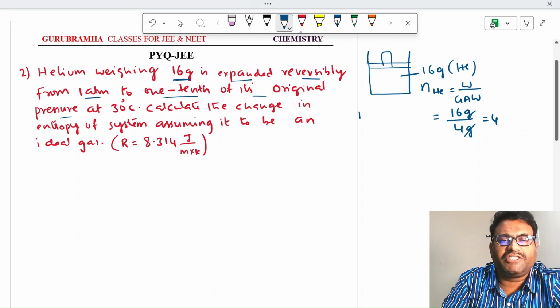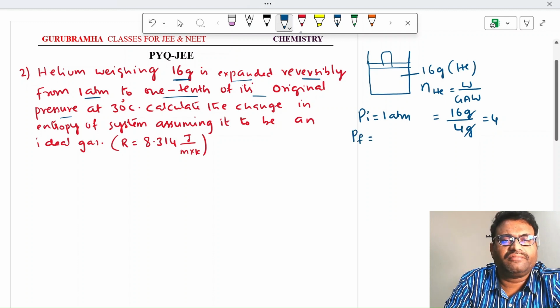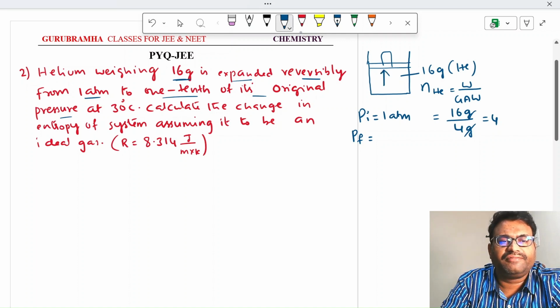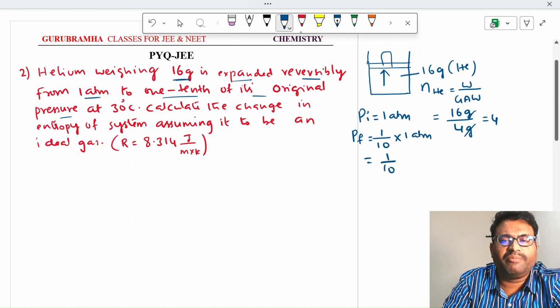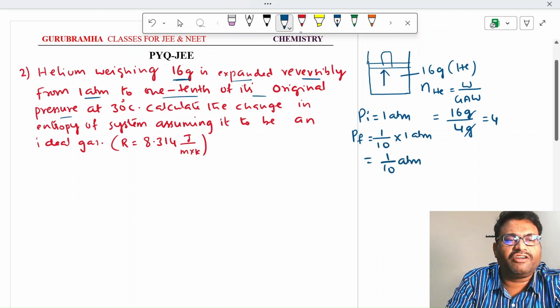So initial pressure P initial is equal to 1 atmosphere. P final. So when it is expanded, when the volume is increasing, automatically pressure decreases. So P final is 1 by 10th of 1 atmosphere, that is equal to 1 by 10 atmosphere, 1/10 of its original pressure at 30 degrees centigrade.